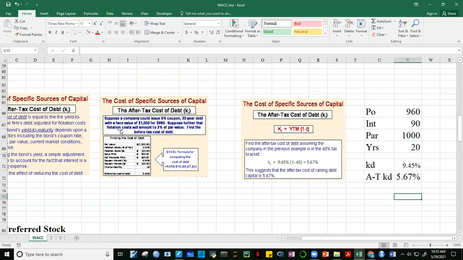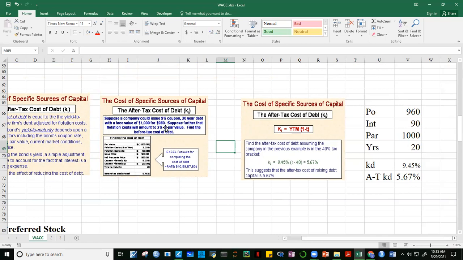Tapos sinabi dito na may flotation cost, 2% of face value. Ang ibig sabihin ng flotation cost, guys, pag nag-i-issue ng bond yung company, it will necessarily hire the services of, let's say, an investment bank or companies that help them issue the bonds. So may binabayaran sila for them to issue the bond. And in this, sabi, 2% daw yung cost.